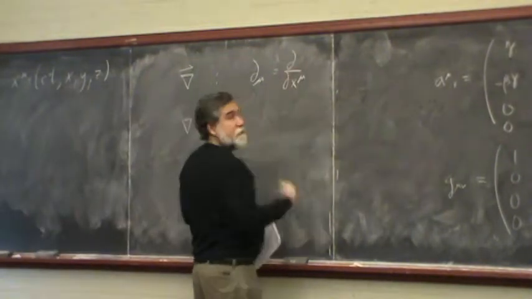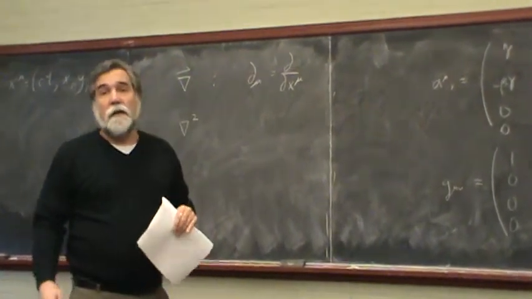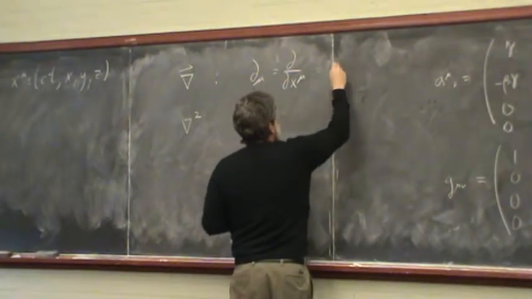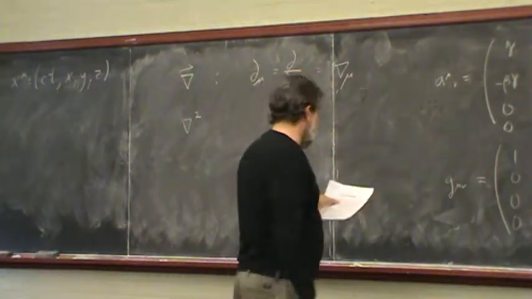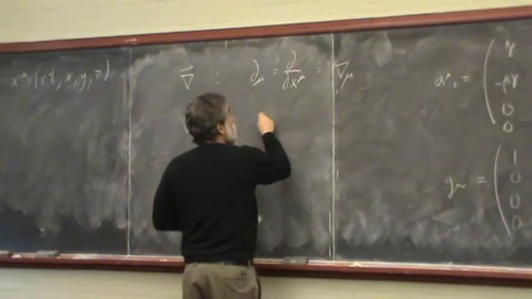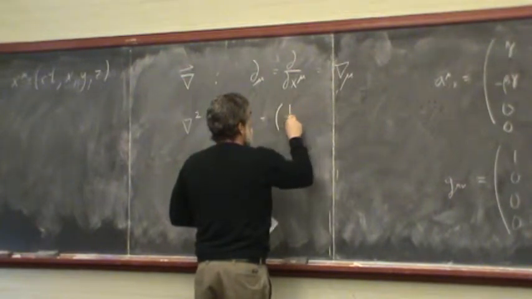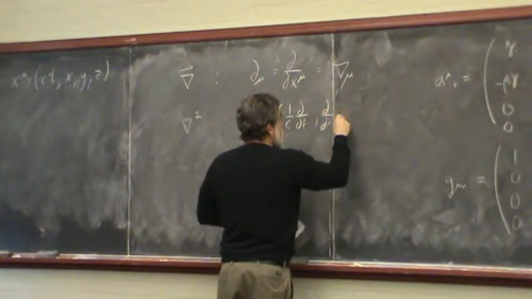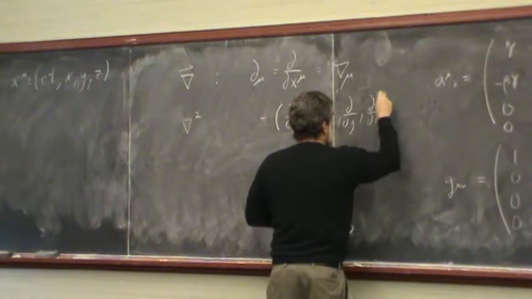So I'm taking derivatives with respect to each one of those, and d sub mu is all of them. Sometimes that's written like this, but most of the time like this: del mu. Writing it out, that's 1 over c d by dt, d by dx, d by dy, d by dz.